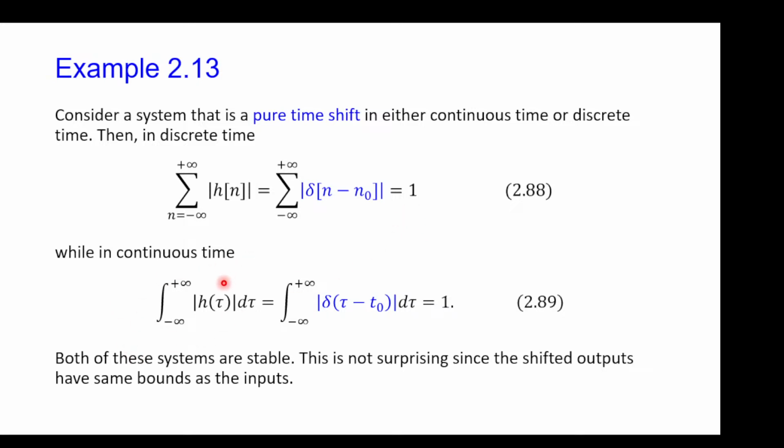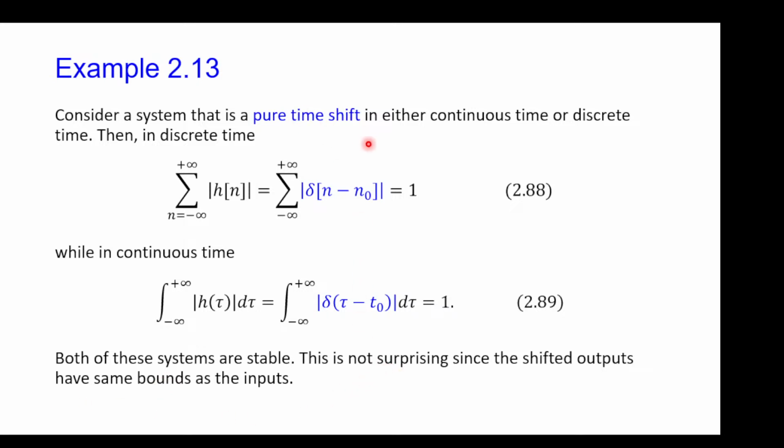For the continuous time case, you have this integration, and once again the absolute value does nothing because nothing is negative. The integral of the delta function is the area of the spike, which is 1. So both systems are stable, as checked by our stability test on the impulse response.